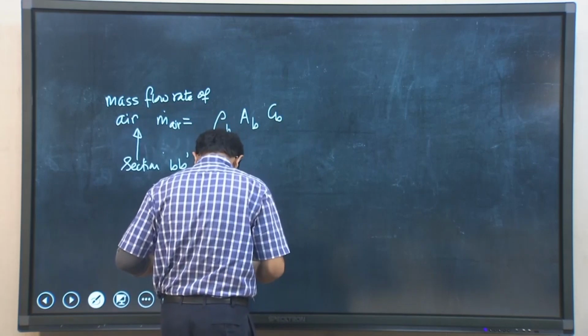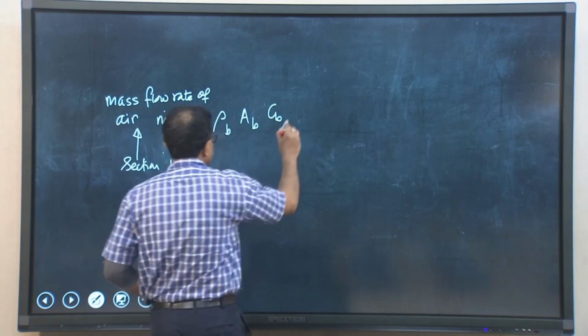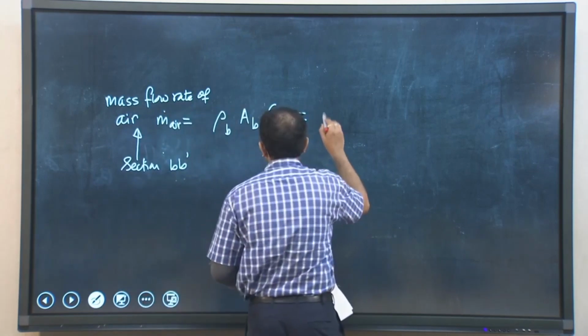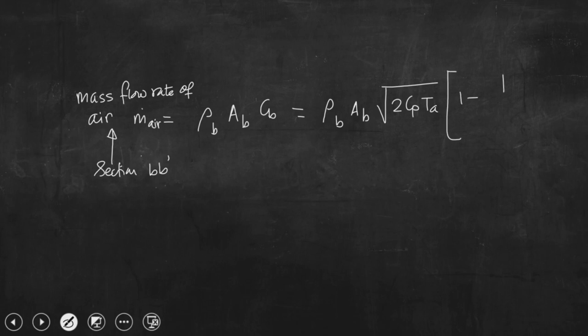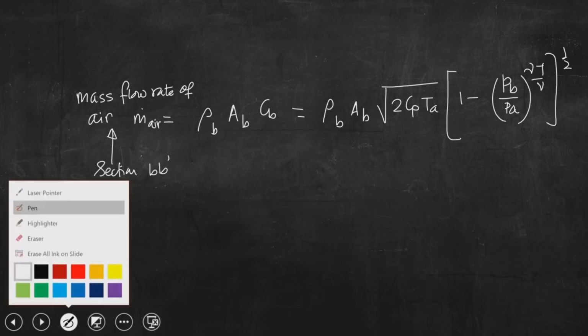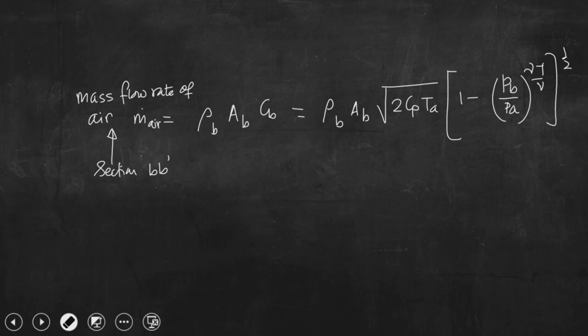So, if we write this expression, eventually we get AB into rho B into under root 2 Cp into Ta into 1 minus Pb by Pa power gamma minus 1 upon gamma, power half.